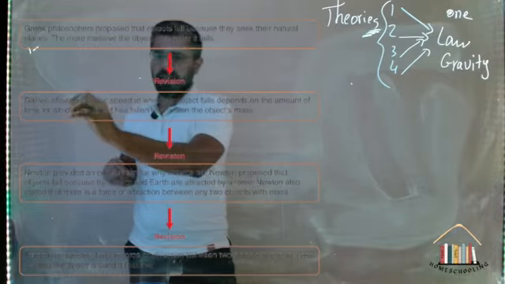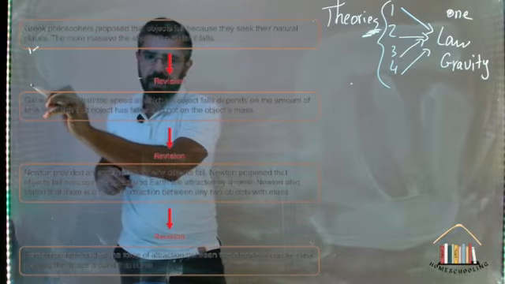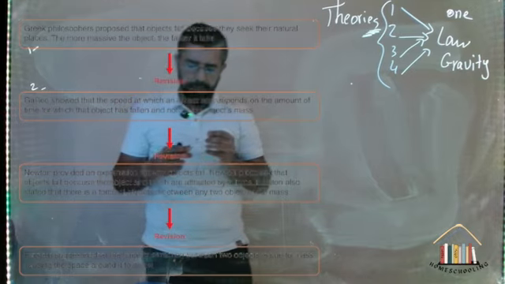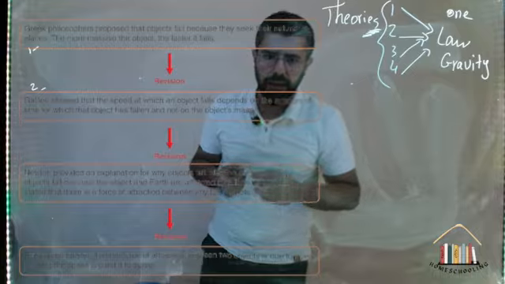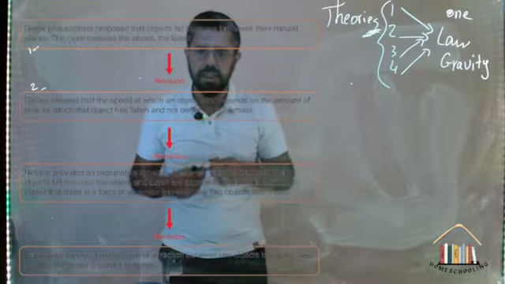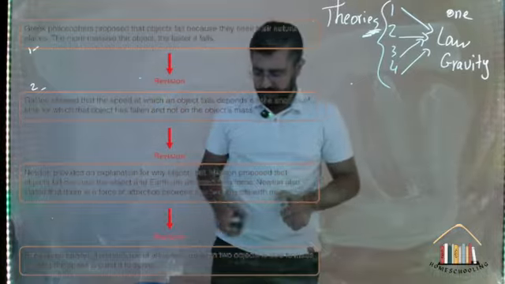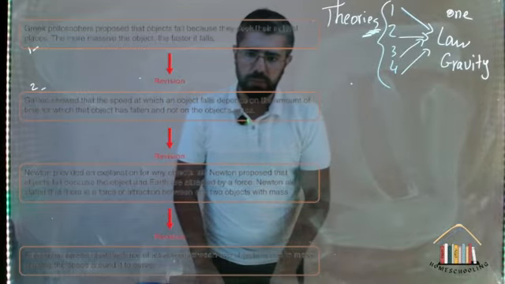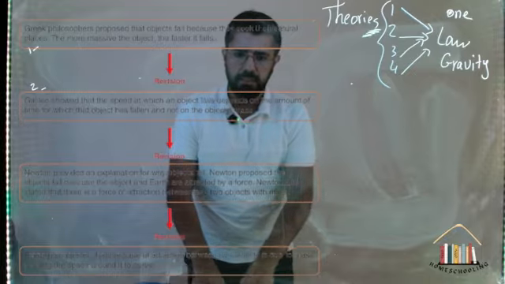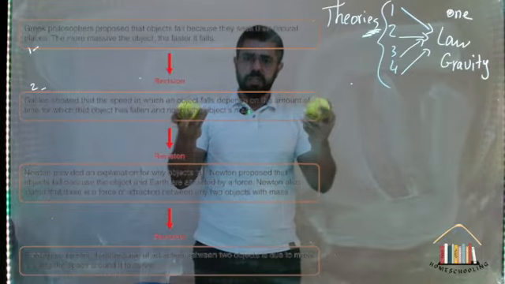Then we have another theory developed by Galileo, another genius as well. They didn't mention the year, but Galileo made an important observation or experiment at the time. He took 2 objects.